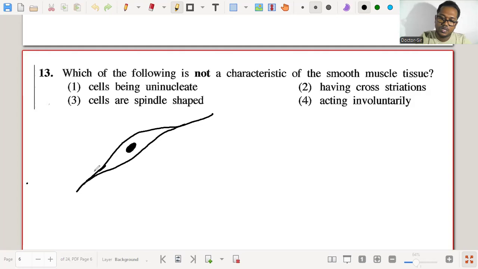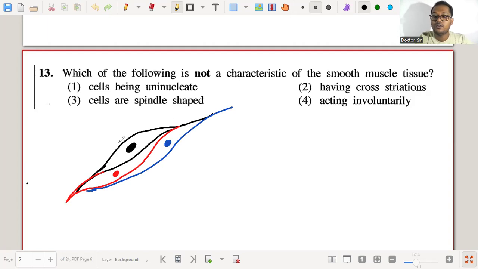When many cells bind together, they form a tissue, which we call smooth muscle tissue.